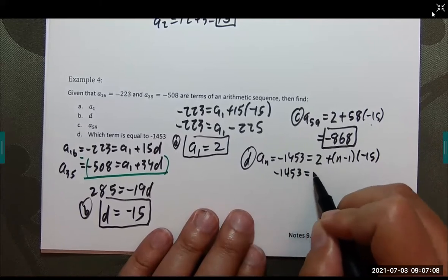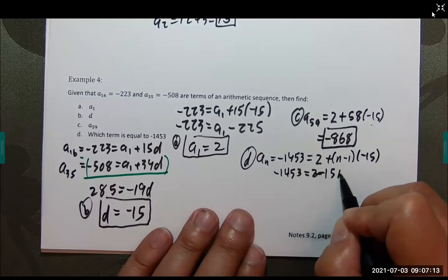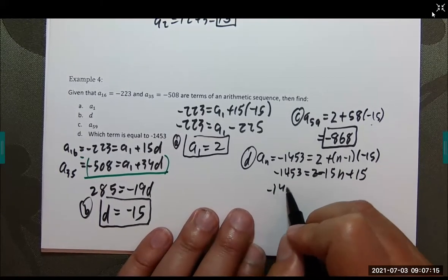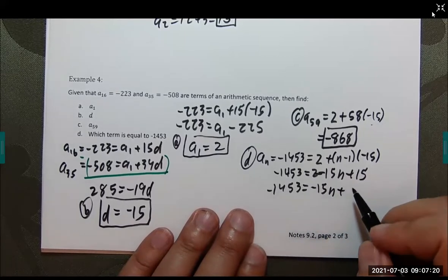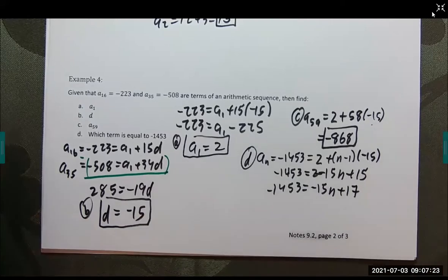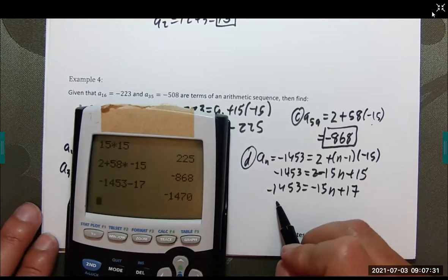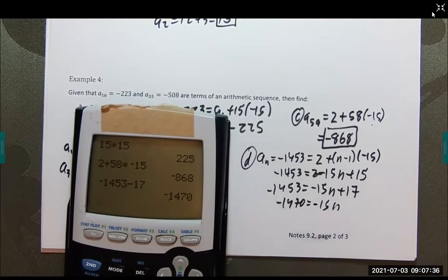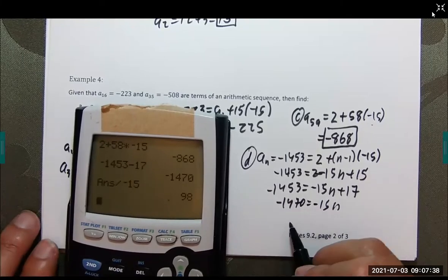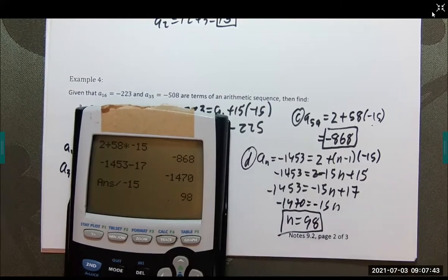Negative 1453 equals 2 minus 15n plus 15, equals negative 15n plus 17. So I'm going to go negative 1453 minus 17, because I'm subtracting that to the other side. Negative 1470 equals negative 15n. Divide by negative 15. n equals 98, so it's the 98th term that will give negative 1,453.